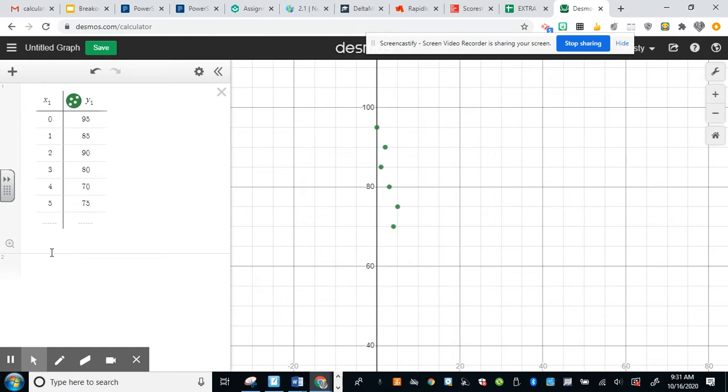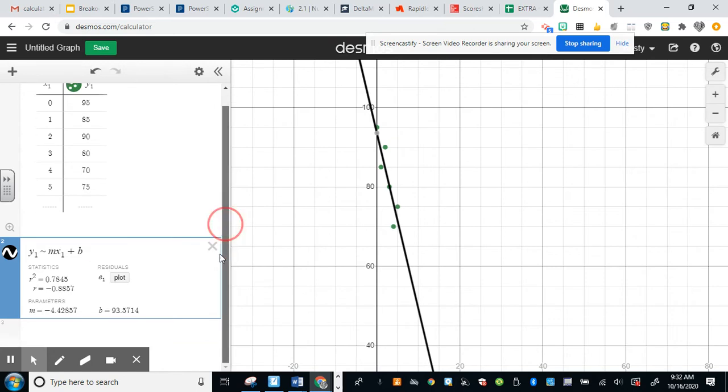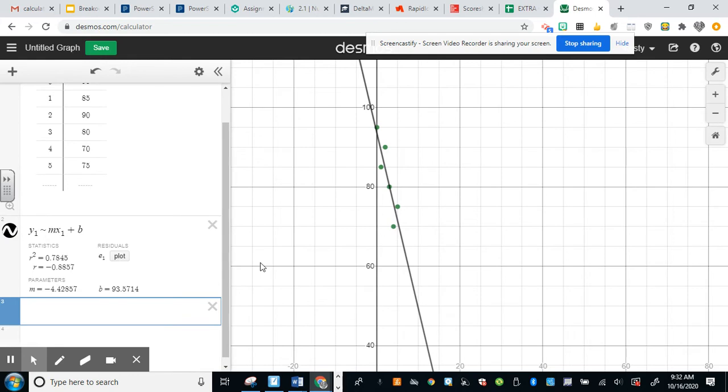I can now calculate what the line of best fit equation would be. We type in y1 is approximately m times x1 plus b. And there's my equation. And there's the line of best fit. So I can actually put in that line of best fit.